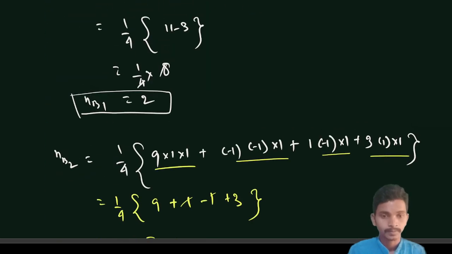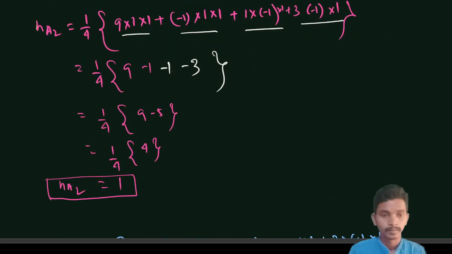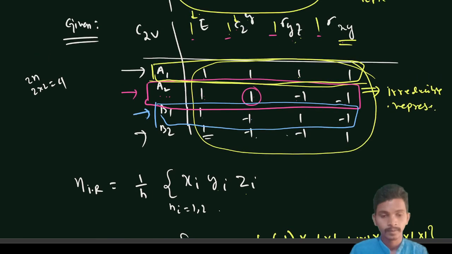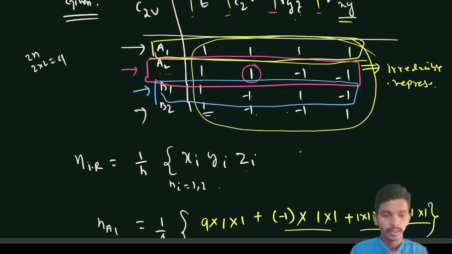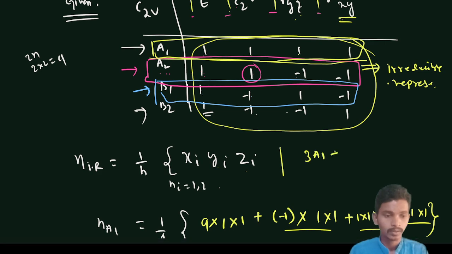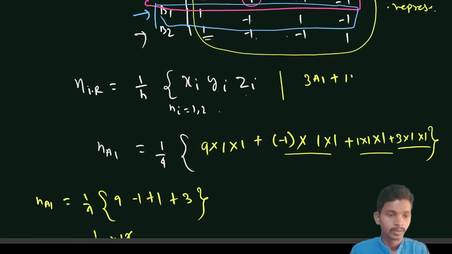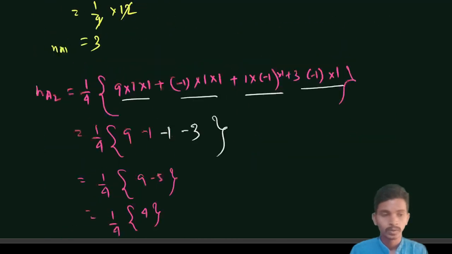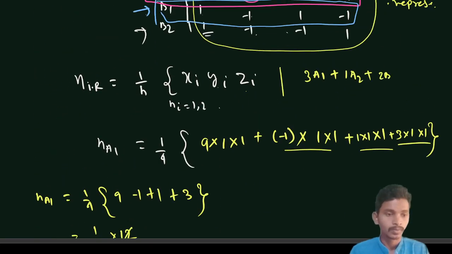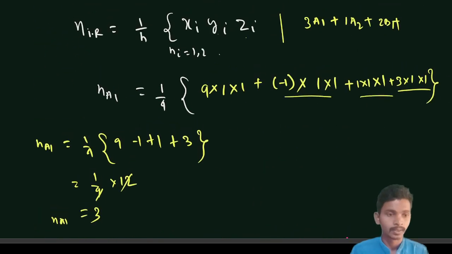How will we check? Here I will write for all. First I get 3 A1 plus A2, how much do I get? 1, so 1 A2, plus B1, how much do I get? 2, that is 2 B1, plus B2, how much do I get? 3, 3 B2.